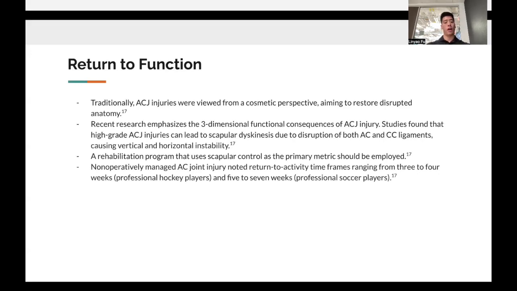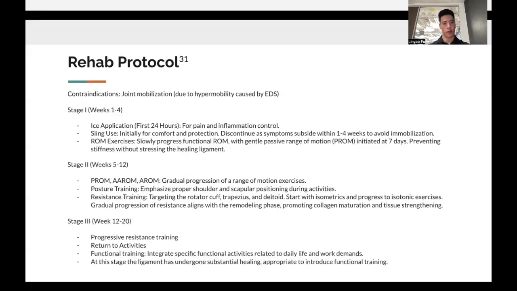For the non-op treatment, the return to activity timeframe ranges from 3 to 4 weeks for professional hockey players, as this study was looking at, and 5 to 7 weeks for professional soccer players. Just a general recommendation. So our rehab protocol is the following.